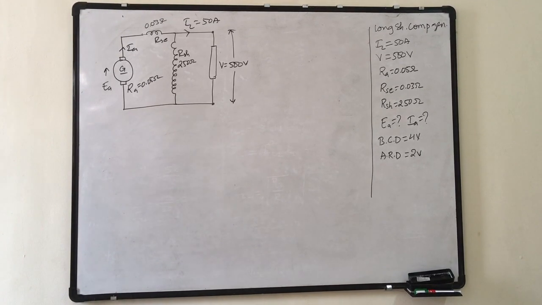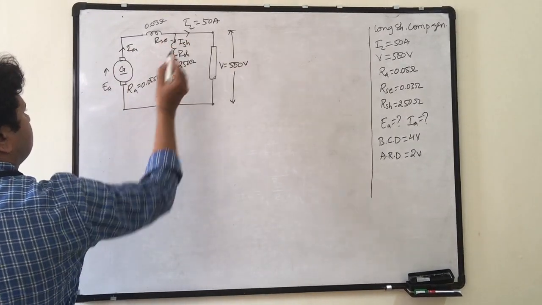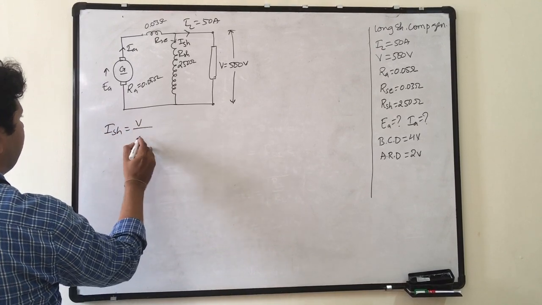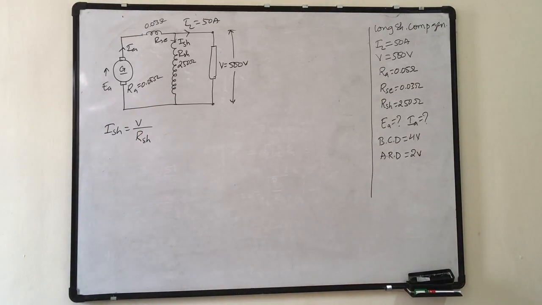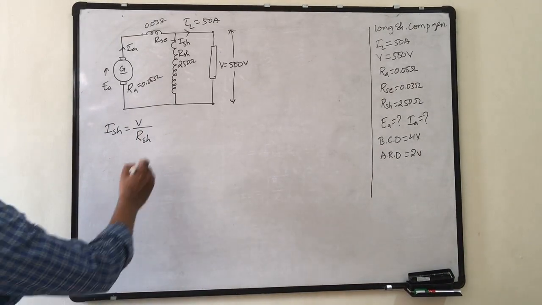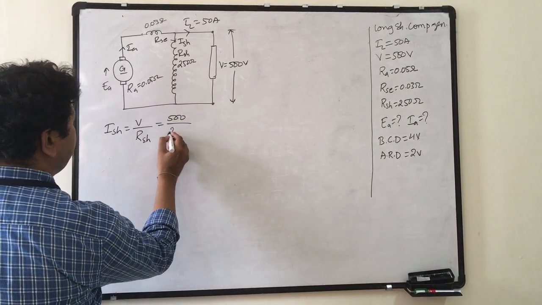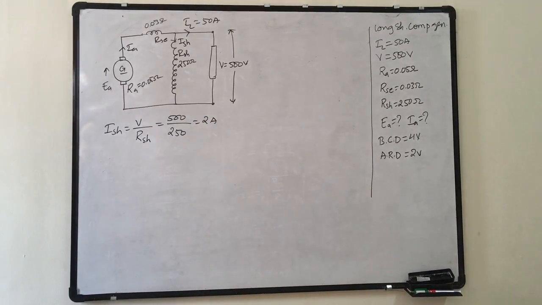So first find out ISH. It is V divided by RSH, as it is a long shunt compound machine. So V is 500 divided by RSH is 250, and this is 2 amperes.